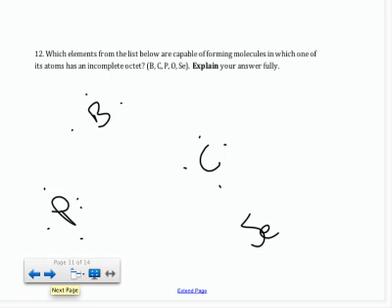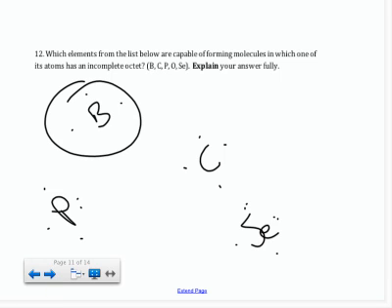Oxygen has 6, and selenium has also 6. So if you think about the number of bonds you can have here, we're talking about an incomplete octet, which means less than 8 electrons.